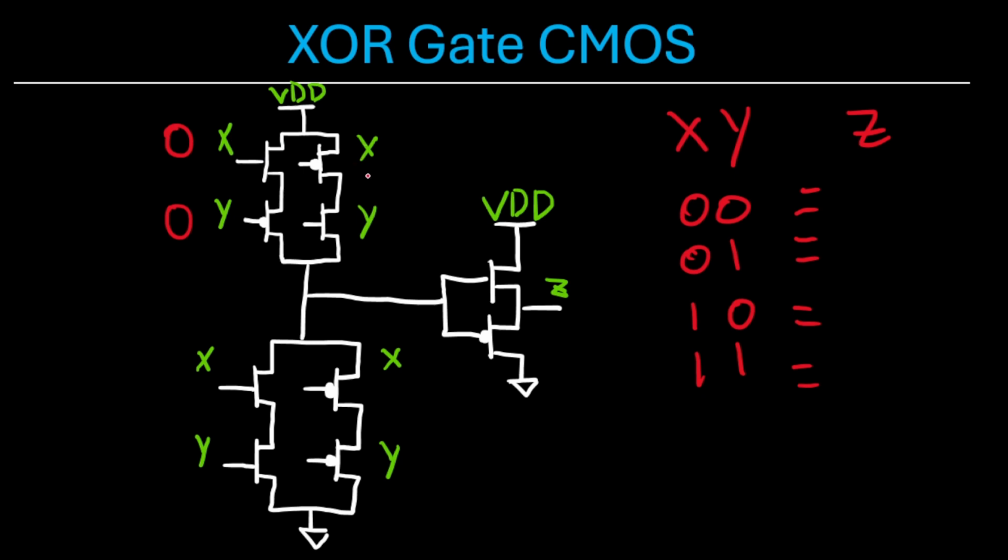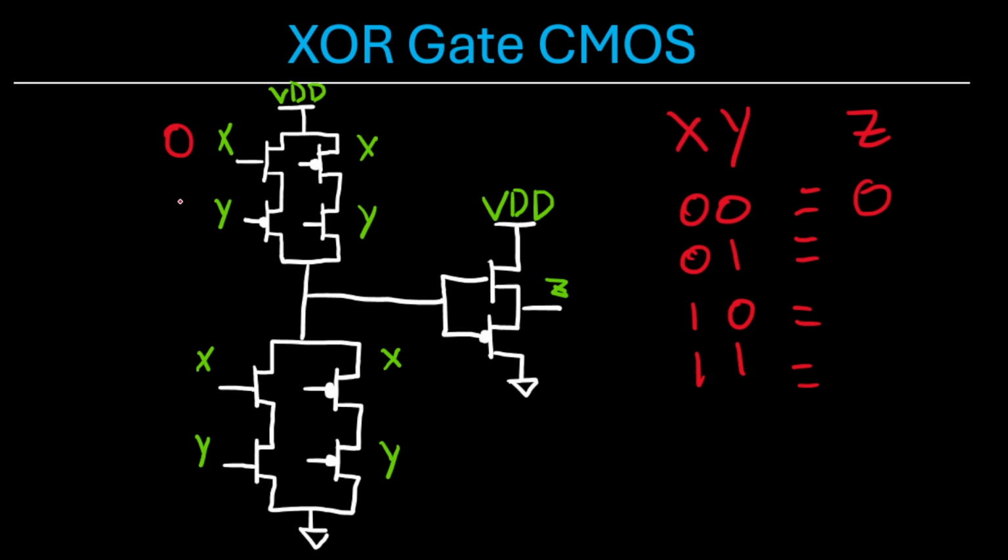This PMOS is on, however, this NMOS here is off, so no connection is made. However, if you look down here in the bottom right, these two PMOSs are both going to be on. So this ground gets connected to the two gates of these transistors here, which then turns this PMOS on and connects our output Z to ground, giving us an output of 0.